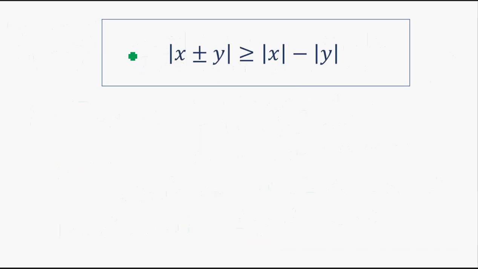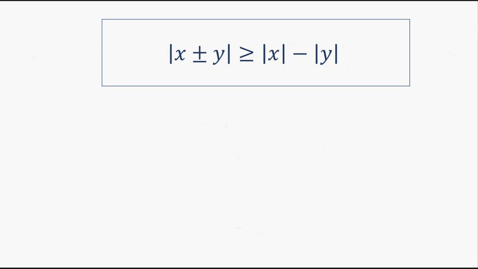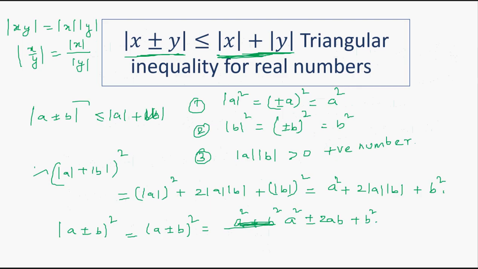Now similarly we can also prove this property. Here I have talked about one condition where |x plus or minus y| will be equal to |x| + |y|.